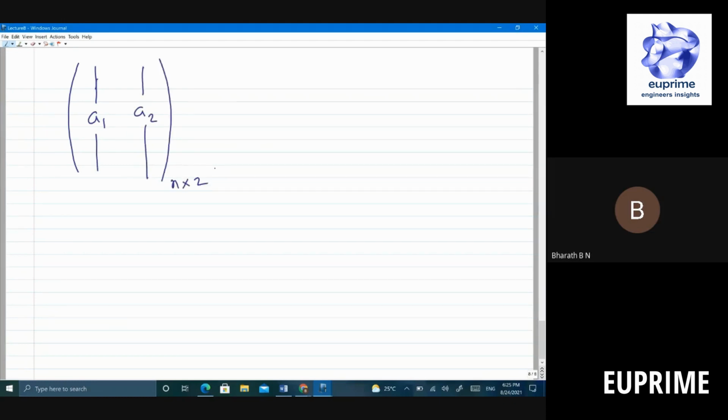So what do you think will be the QR decomposition? See, A1 belongs to R^n, so in R^n I can have n basis vectors. Do you agree?